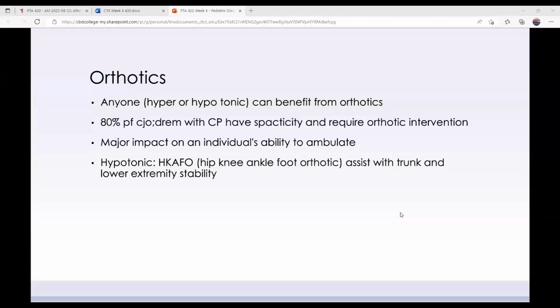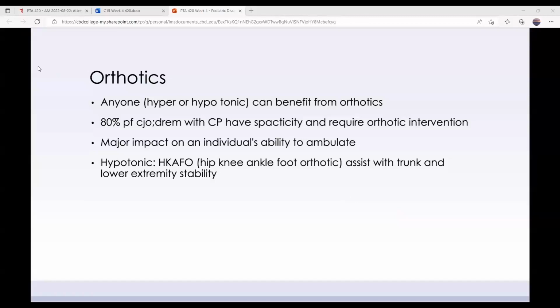So when it comes to orthotics, I wanted to start with this so you remember this. Orthotics can be used for anyone, not just CP. We see orthotics being used for patients who have Down syndrome, spina bifida, patients who've had strokes, right? People who have peripheral nerve disorders.